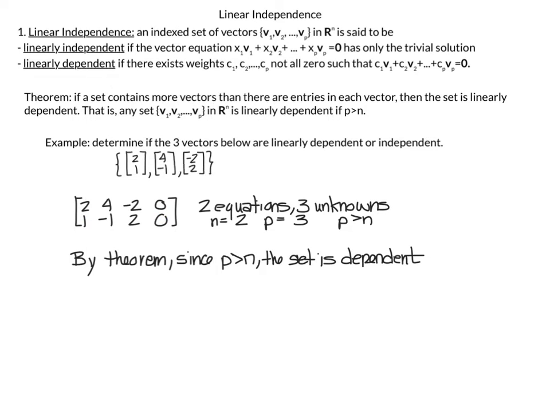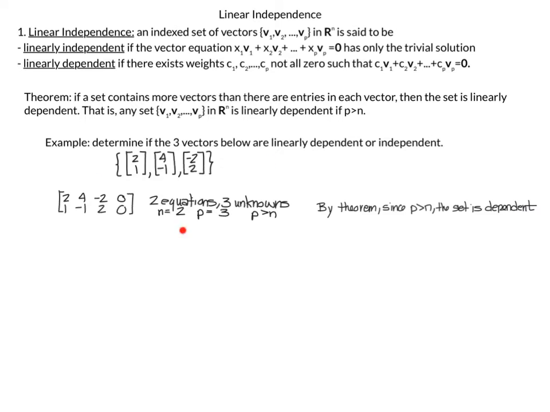So I have 2, 1, 4, -1, -2, 2, and 0, 0. Here I have two equations and 1, 2, 3 unknowns. So n is equal to 2, p is equal to 3. According to the theorem, p is greater than n, so I must have a non-trivial solution, and the set is dependent.